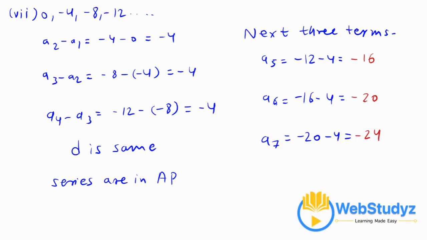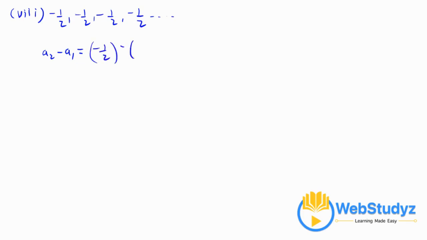Now move on to the eighth series, which is minus half, minus half, minus half, minus half, and so on. So checking the common difference, which is A2 minus A1, which will be minus half minus minus half, which will be 0.